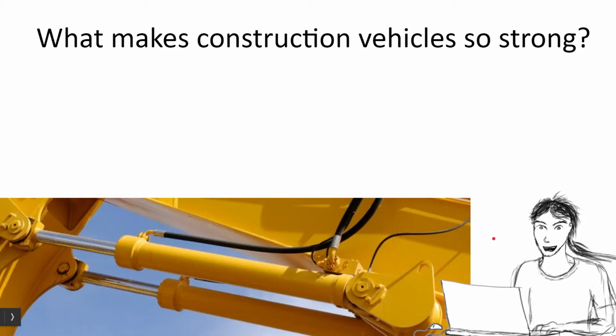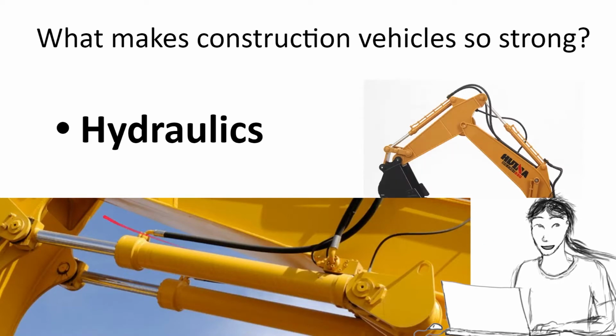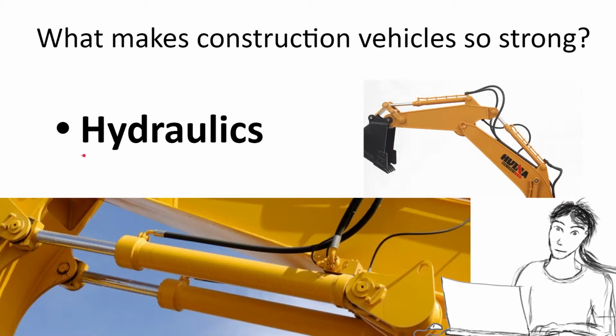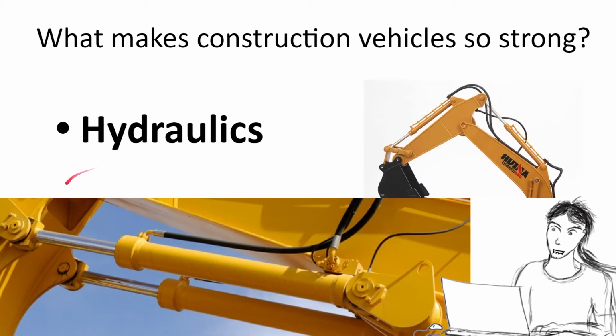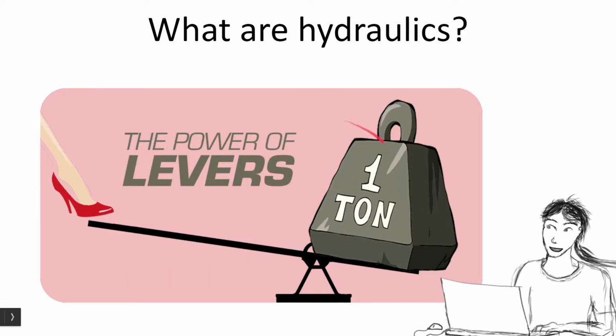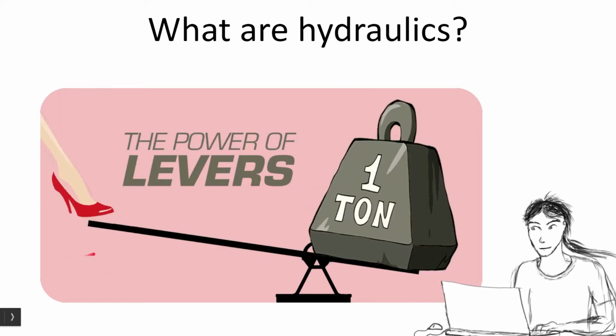What makes construction vehicles so strong, though, and able to lift such enormous loads? Well, it's the hydraulics. Let's all say hydraulics. Did you say it? Hopefully. Hydraulics. What are hydraulics? Well, they use the power of levers. With a lever, you can lift something very heavy with just a tiny force if you spread out the distance.